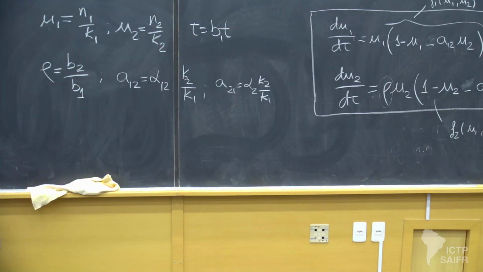So the first one that we are going to work is the case when A12 is smaller than 1 and A21 is greater than 1.